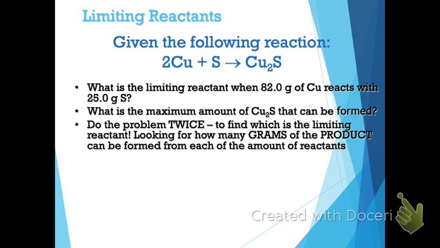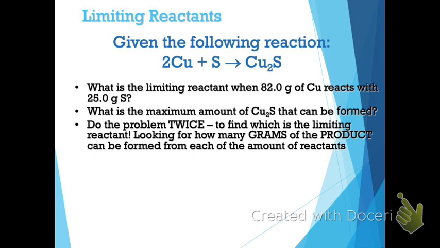We're going to do 2 different T-charts here, okay? The way we know we're going to have to use 2 different T-charts is it gives us 2 different starting amounts. Okay, it gives us 2 starting amounts. So that's how we know we're going to have to do 2 different charts here. So let's go ahead and start with that. These are both gram to gram. You need out your periodic table. You need out your calculator.